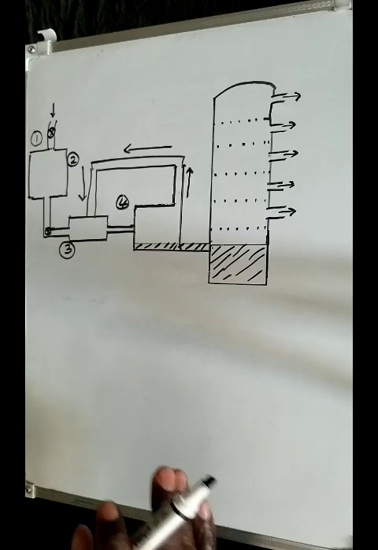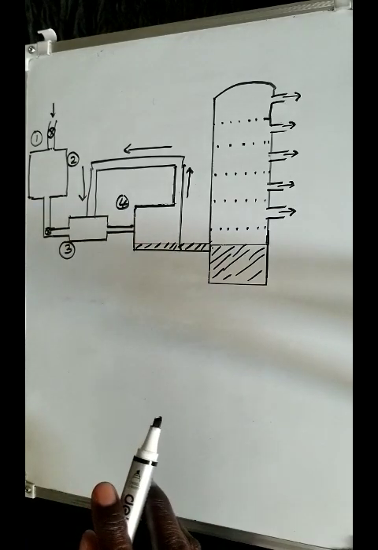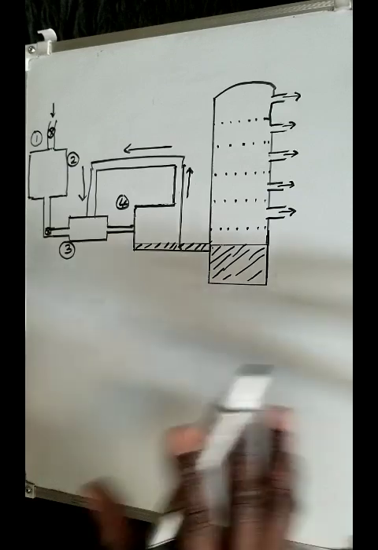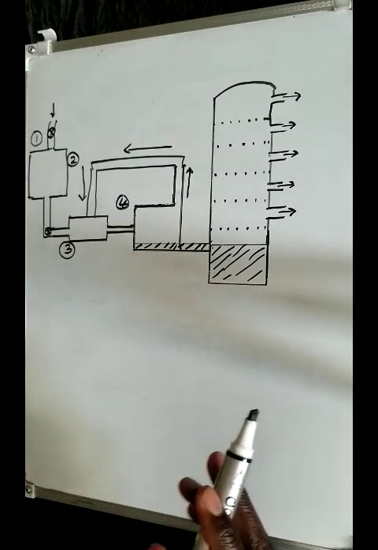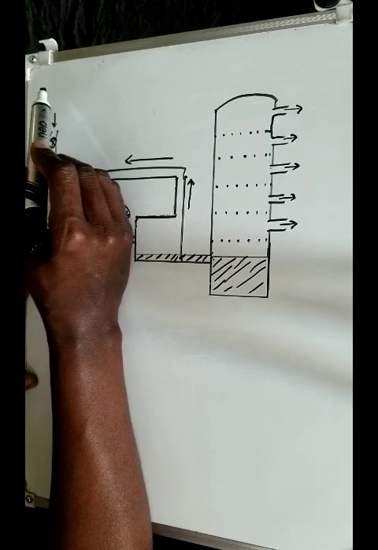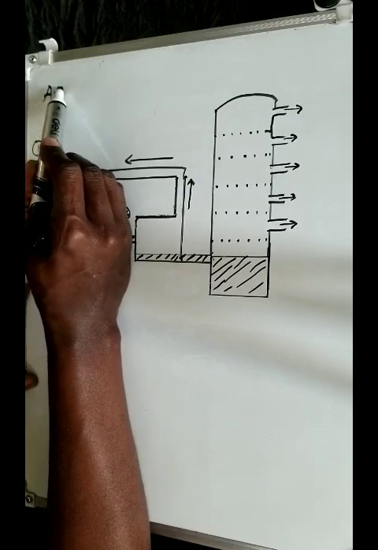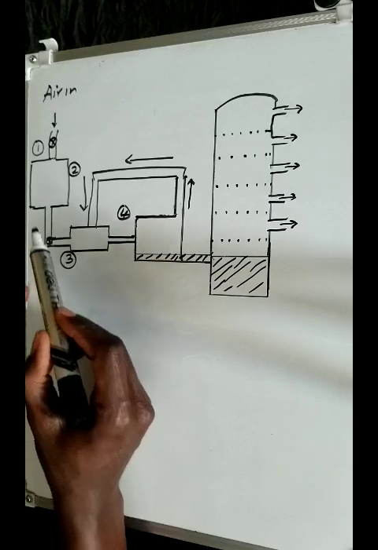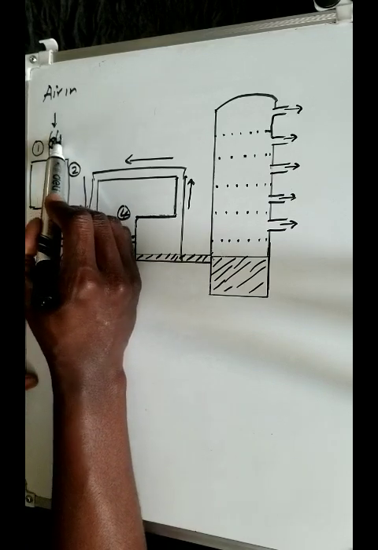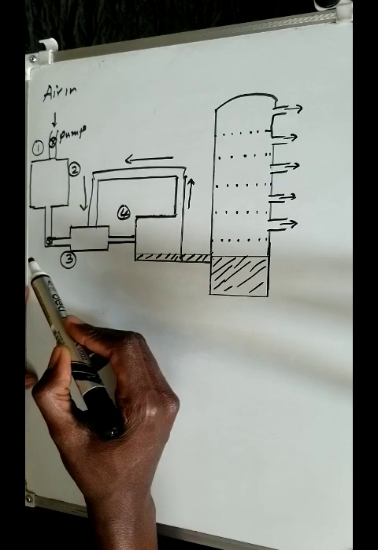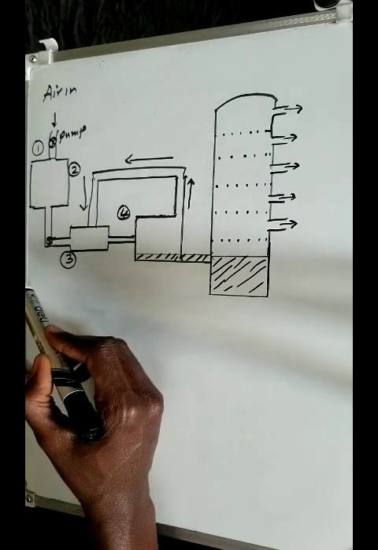I'll run you through it so that you are able to see how liquid air is separated into different gases. Initially, air from the atmosphere is drawn in. There's a pump that is going to pump the air into an industry.